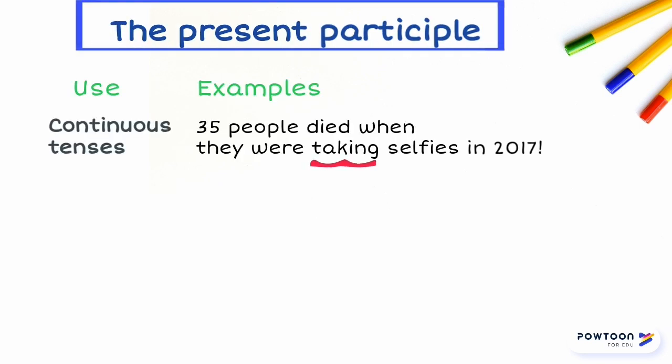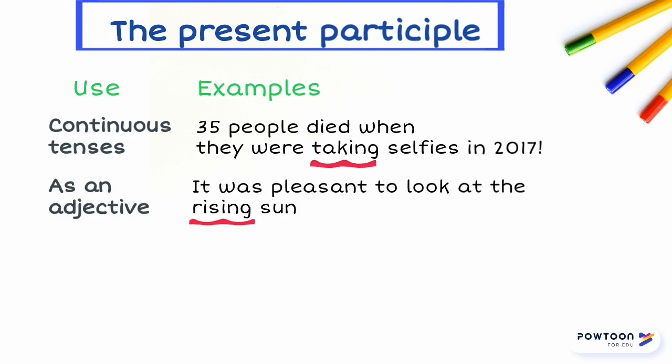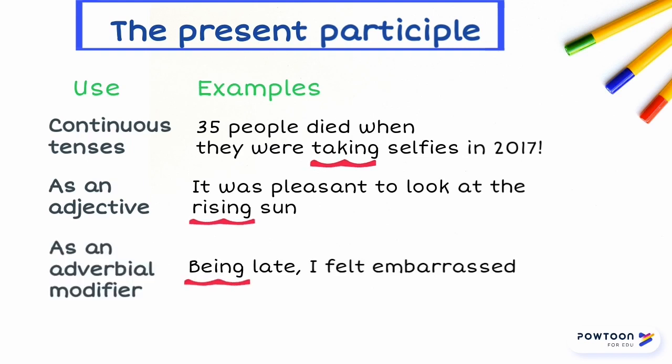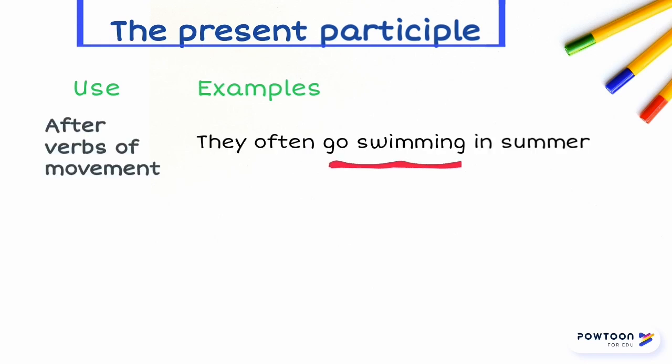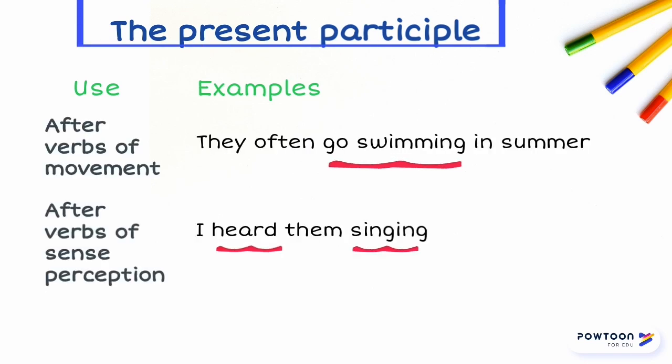So, let's sum it up. We use the present participle as part of continuous tenses. For example, 35 people died when they were taking selfies in 2017. As an adjective, it was pleasant to look at the rising sun. And as an adverbial modifier, being late, I felt embarrassed. We can also use the present participle after verbs of movement, they often go swimming in summer, and after verbs of sense perception, I heard them singing.